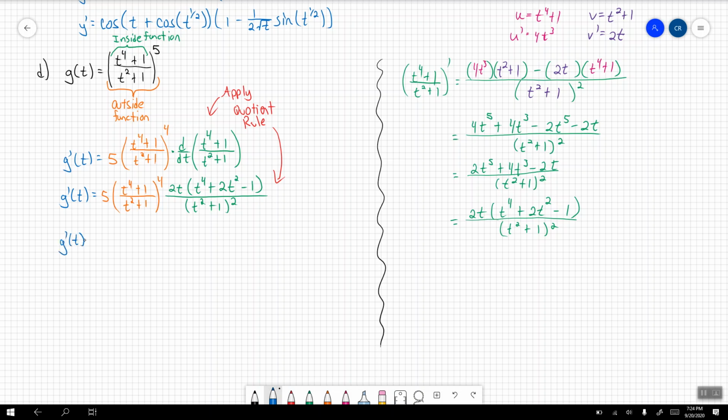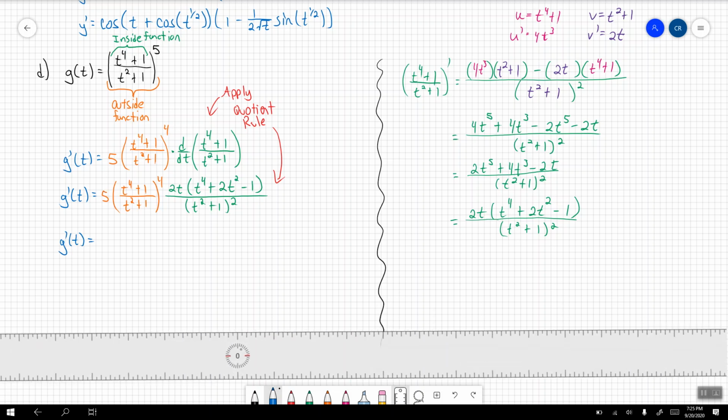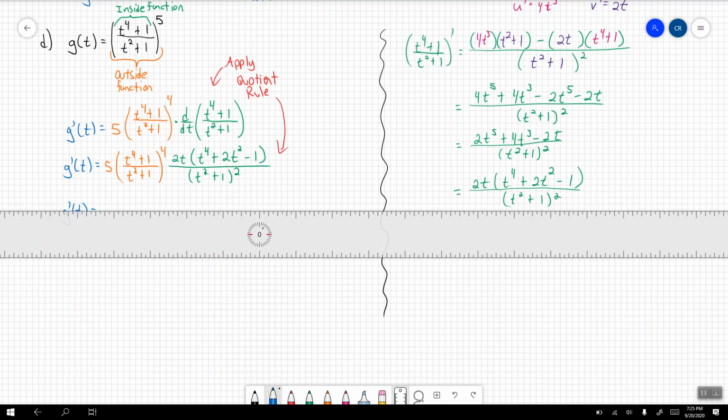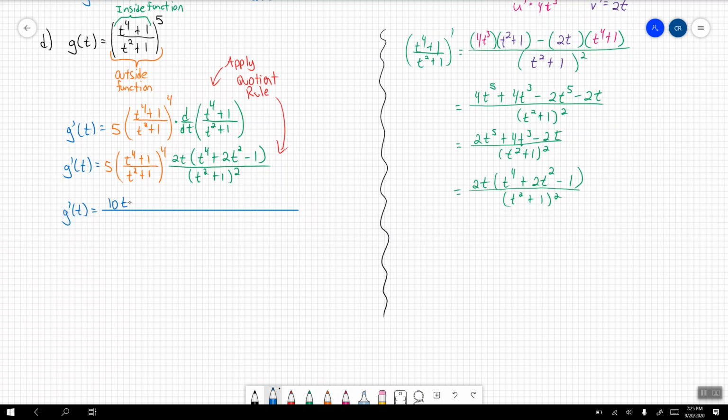So g prime of t. My numerator, I have a 5 and I have a 2, so that's going to get me 10. Let's get this into a good fraction bar here. Okay, so I'm going to have 10t so far. My first product here is going to be t to the 4th plus 1 raised to the power of 4, then multiplied by this last trinomial, which is t to the 4th plus 2t squared minus 1, all divided by these two quantities of t squared plus 1.